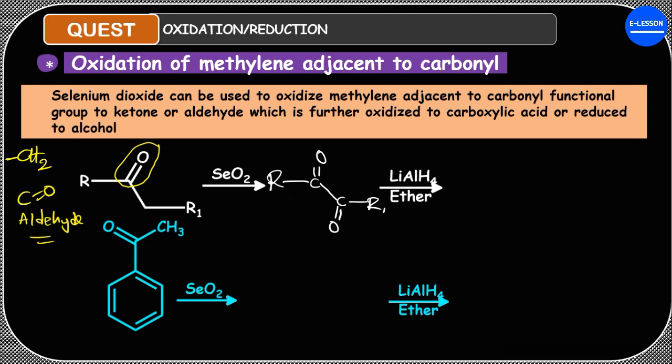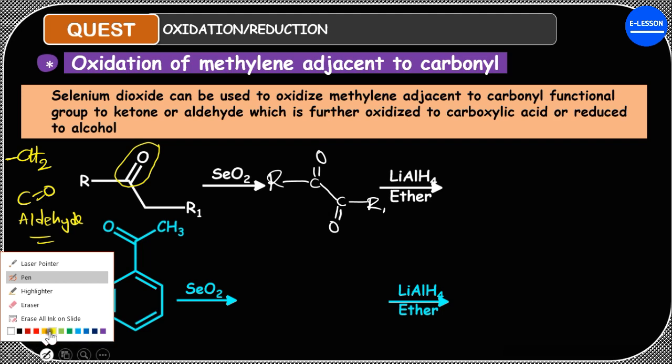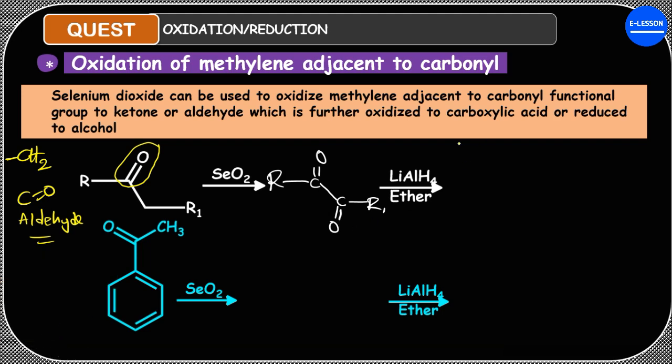Now, this ketone can further be reduced to an alcohol or oxidized to a carboxylic acid. If you reduce it, we are going to look at reduction reactions later. Some of the reducing agents that can reduce aldehydes and ketones are reagents like lithium aluminum hydride in dry ethyl ether.